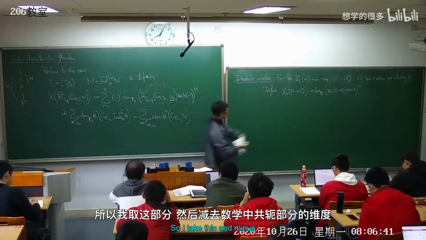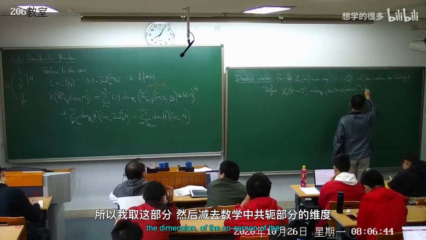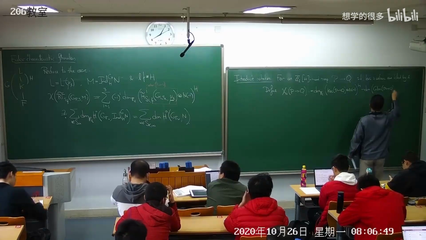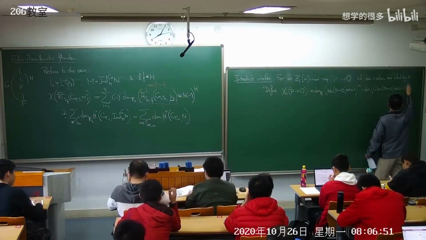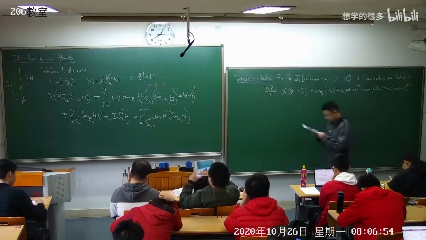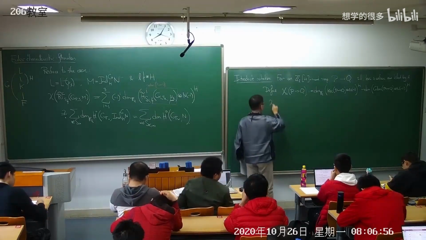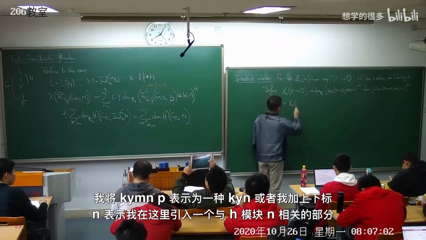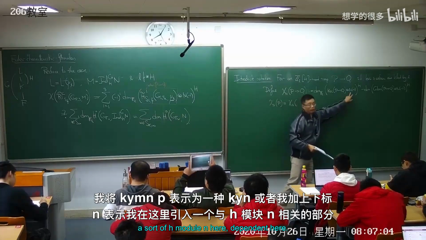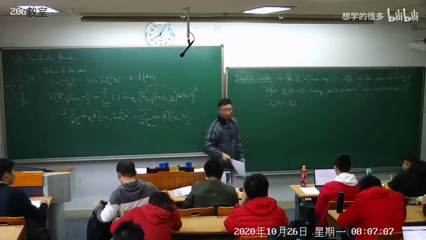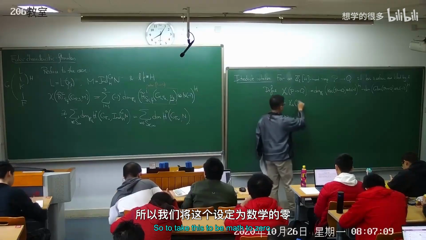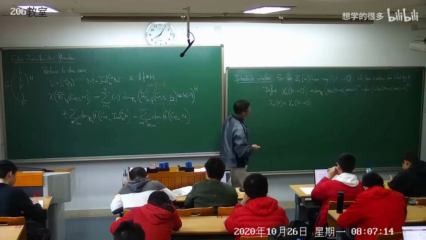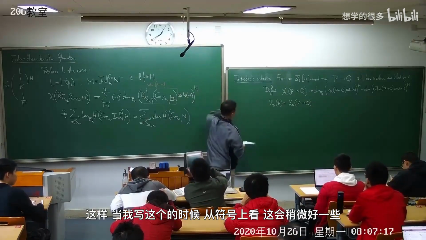So I take this, minus the dimension of the cokernel of the map. And then I write chi N of P to be chi N, where I put subscript N to mean that I take the H module N here. Okay? So to just take this to be mapped to 0. So that when I write this, notation-wise, this is a little bit better.